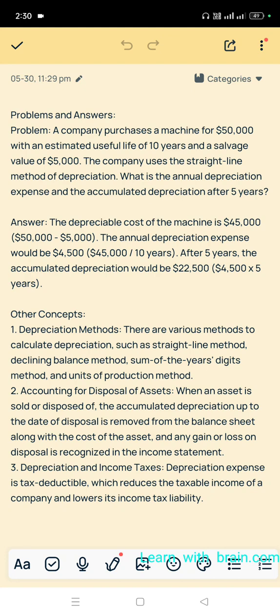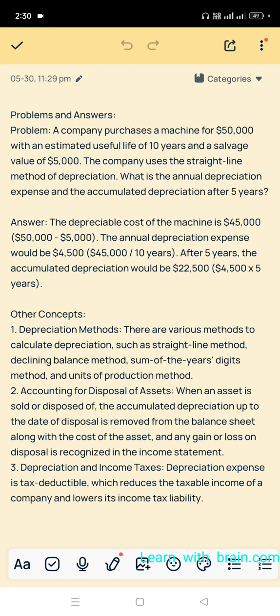Next, the annual depreciation expense would be 45,000 by 10 years. So how much per year? 4,500. That's why we have to reduce salvage value from the cost of the asset. So per year depreciation is 4,500.